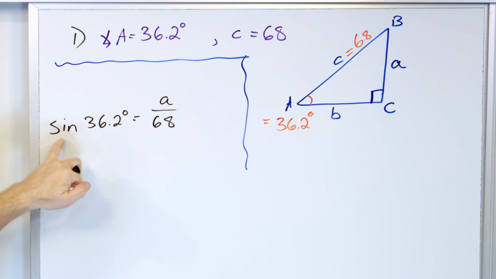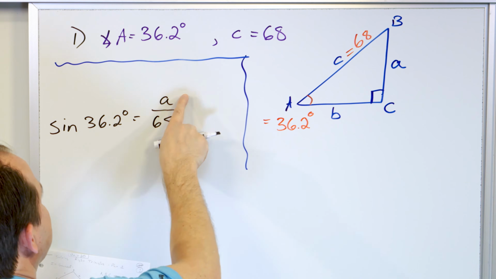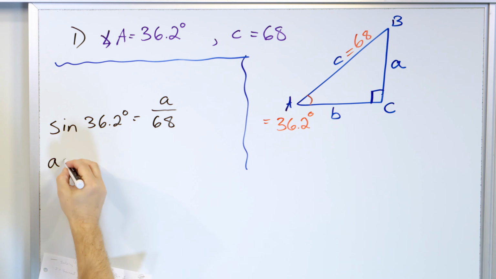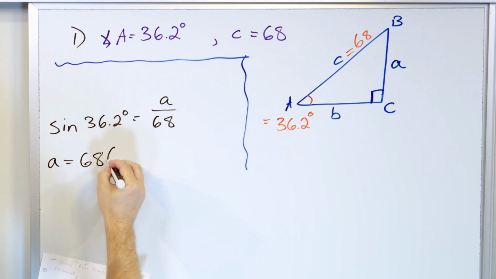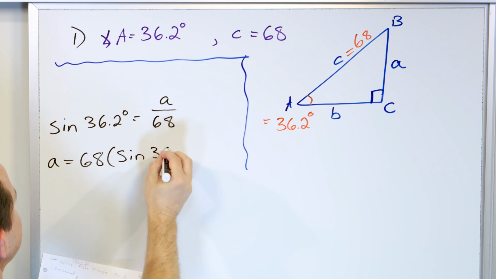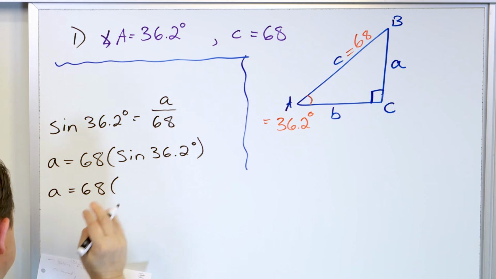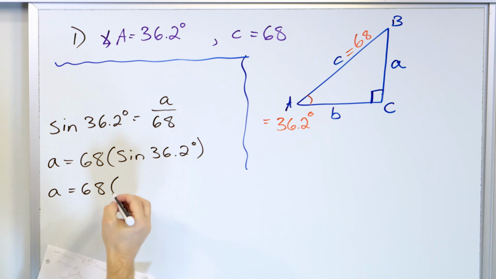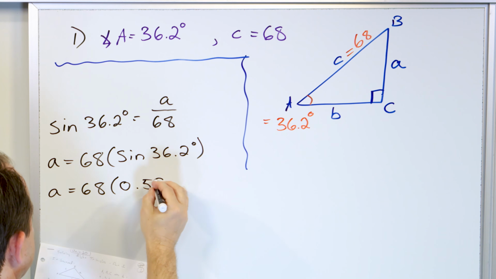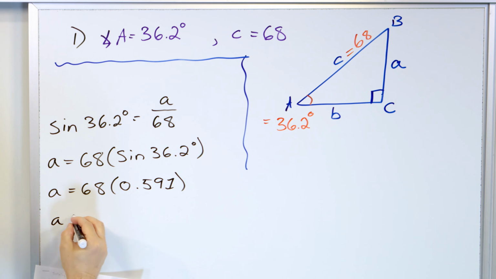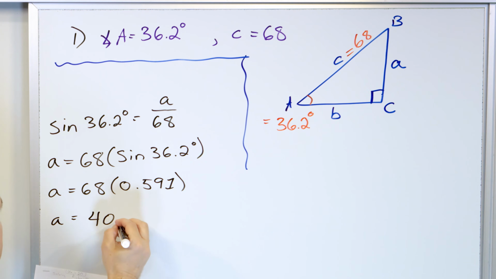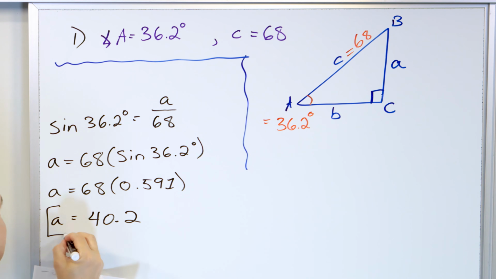So this is a number, this is a number, and so I can solve for A. I need to multiply by 68. So A will be 68 multiplied by the sine of 36.2 degrees. The sine of 36.2 degrees is 0.591. And when you multiply this out, you get 40.2. And this is the answer for A.